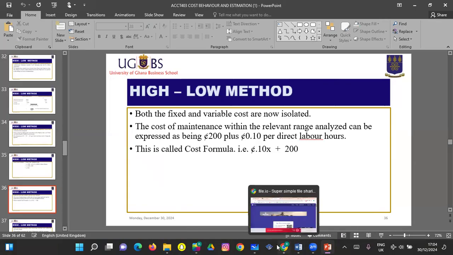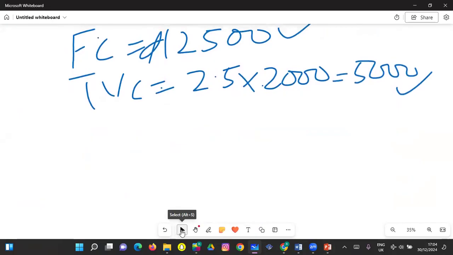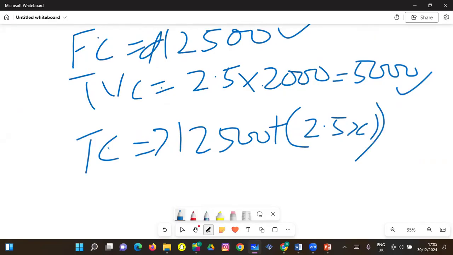So that's what we are also having here. So we can express it that in case we want to, then our total maintenance cost is going to be 200 plus 2.5x, where x would be the activity level, right?